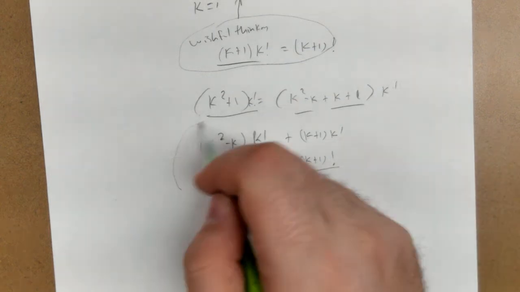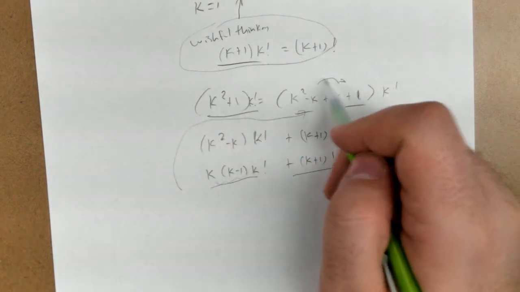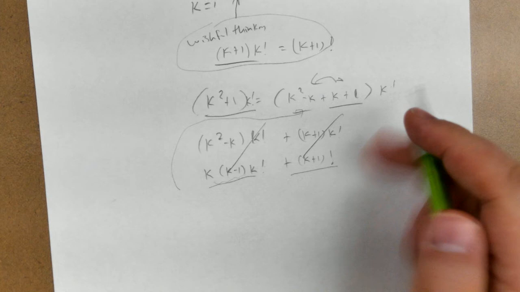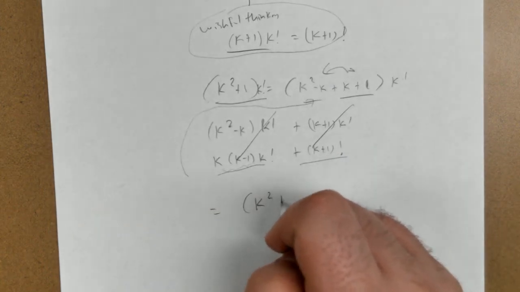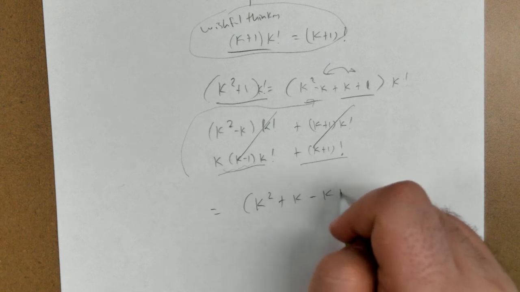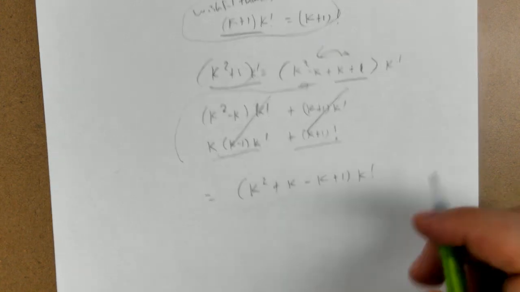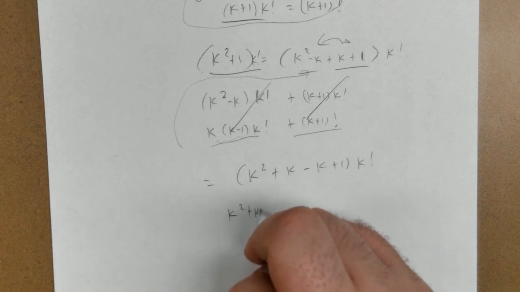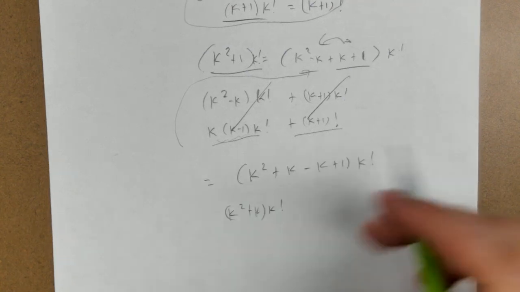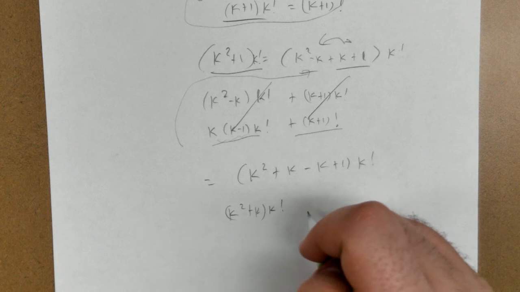So let's go back up. The only thing I can do is really to switch these. So I'm going to try again. What I'm going to do here is k squared plus k minus k plus 1, and just try to do a minus sign here. So I'm going to do k squared plus k factorial. I could do a minus 1 here, but it doesn't go anywhere.